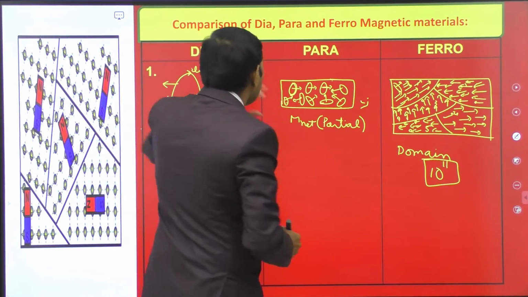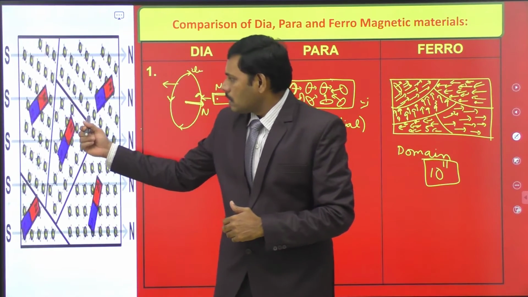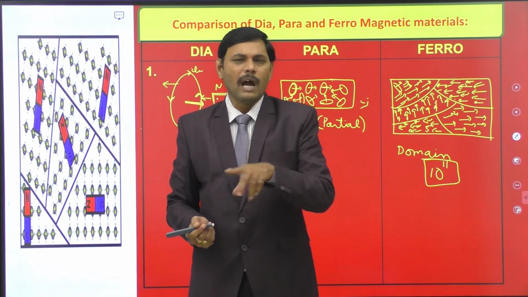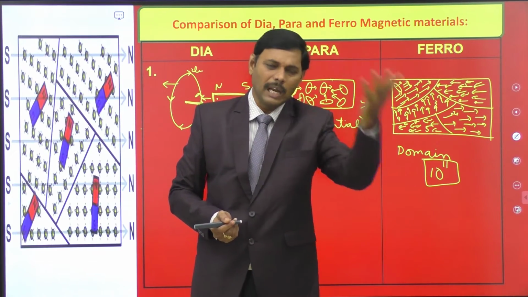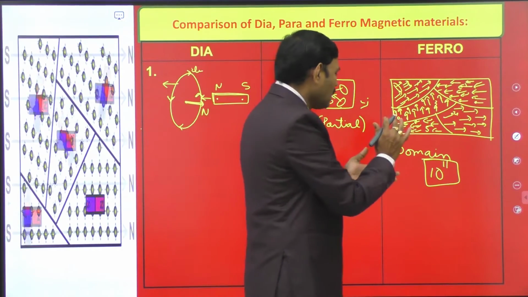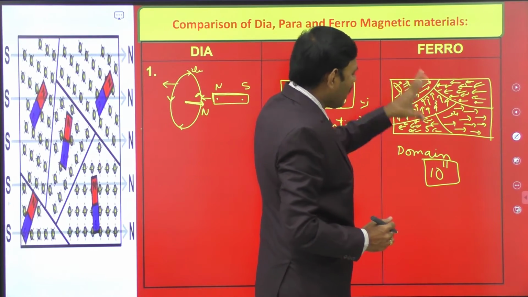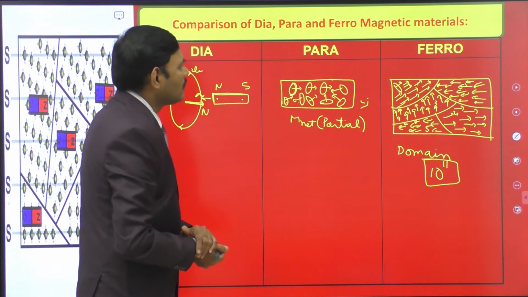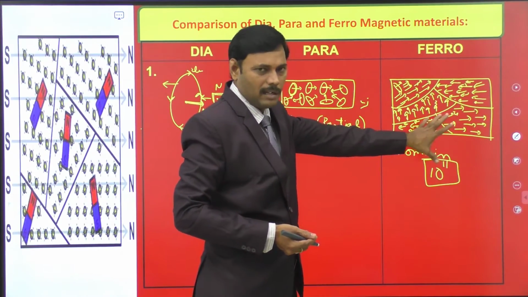As shown in this animated image, we clearly observe the orientation of all domains almost parallel to the applied external magnetic field, and it contributes a large amount of magnetic field and shows a highly magnetic property, that is ferromagnetic substances. So they are very strongly attracted by a permanent magnet.